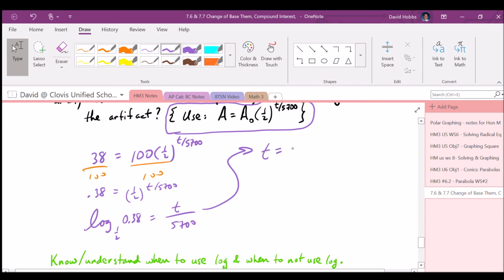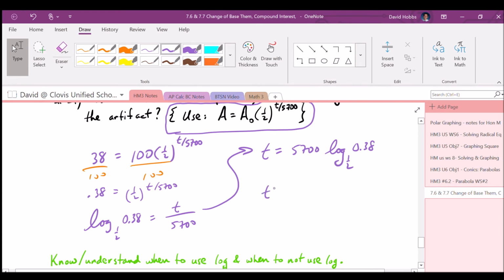Okay, so the only thing left to do is to multiply both sides by 5700. So T is 5700 times the log of 0.38 base 1/2. Now remember, this is what we started with, the change of base theorem, so plug that into your calculator: log of 0.38 base 10 divided by log of 1/2 base 10, times 5700.